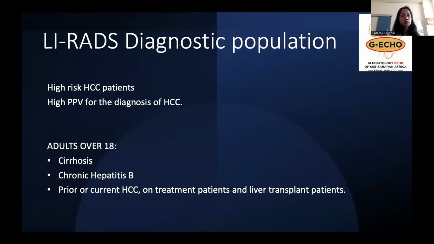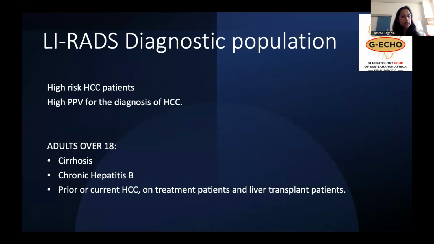So the diagnostic population for LIRADS meets very stringent criteria. It's geared towards high-risk patients for HCC, so as to carry the highest positive predictive value for the diagnosis of HCC.